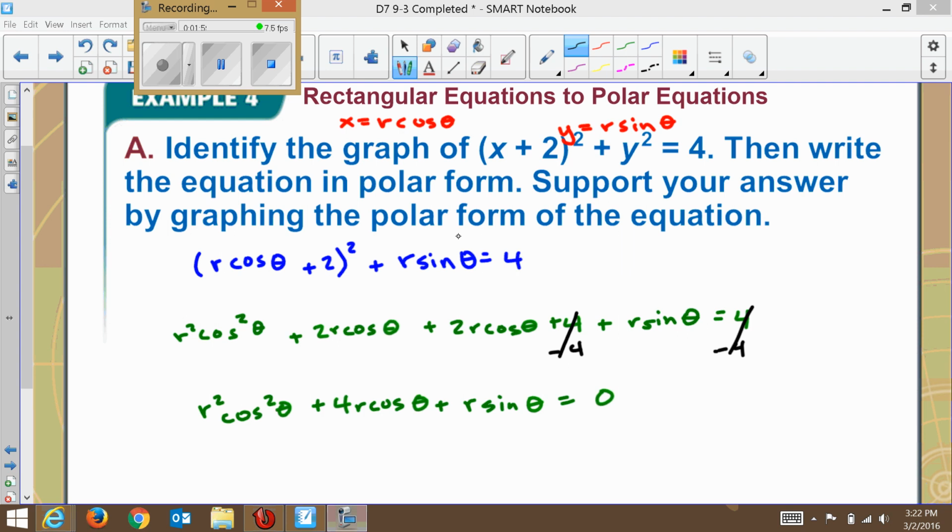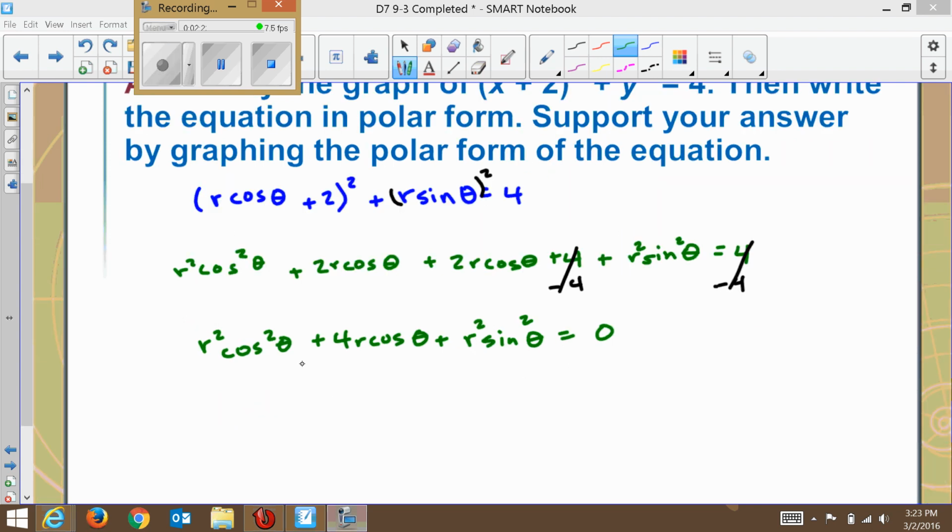One mistake I made is I did not square this term, so I need to square this here and here, which means this would be, at this point, r squared sine squared. So I'm going to bring that down one more time. And now I'm going to do a weird little trick.